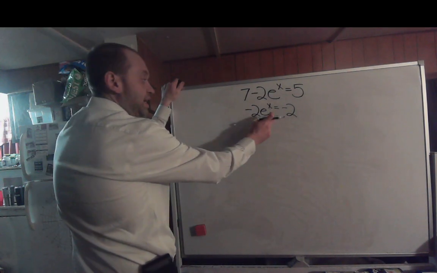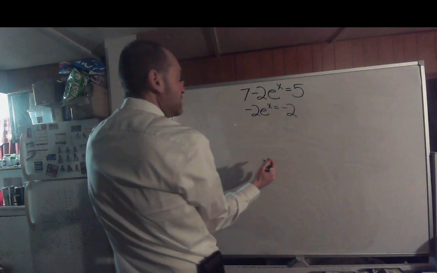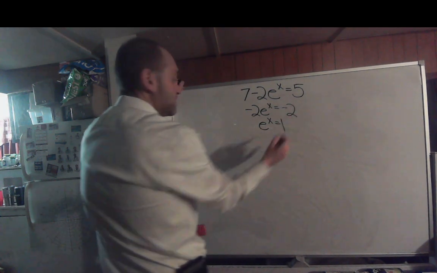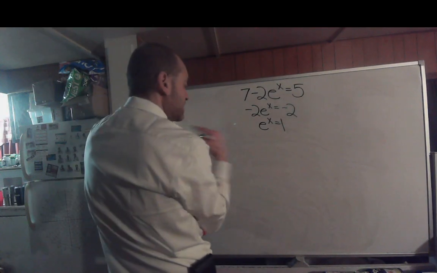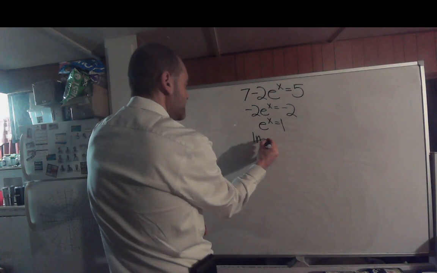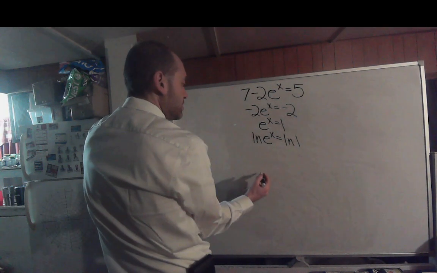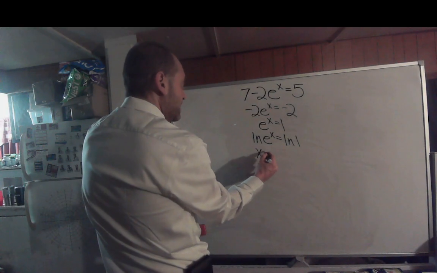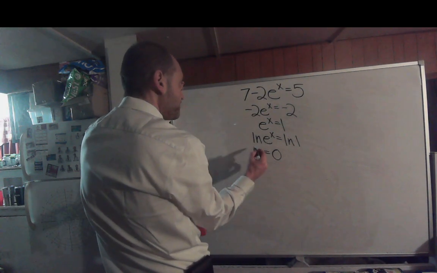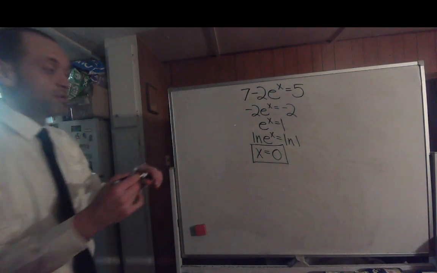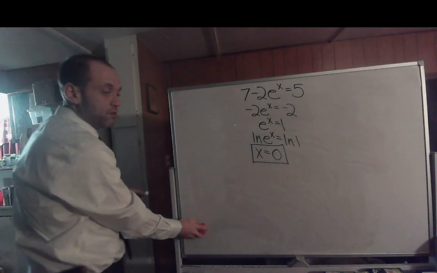Then we want to get the e to the x by itself, so that's just going to end up being e to the x equals +1. So now take the natural log of both sides. Natural log of e to the x equals the natural log of 1, which would just give you that x equals 0. So you end up getting a big fat 0 for your value of x.